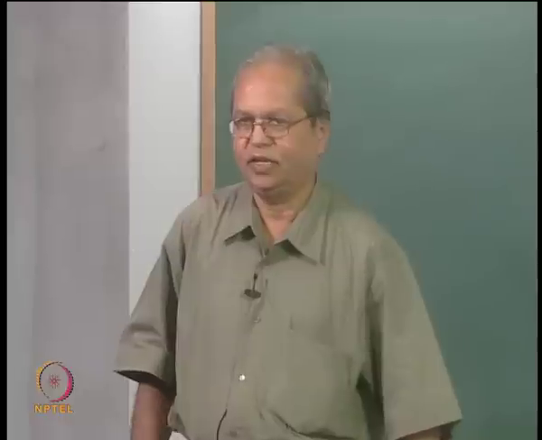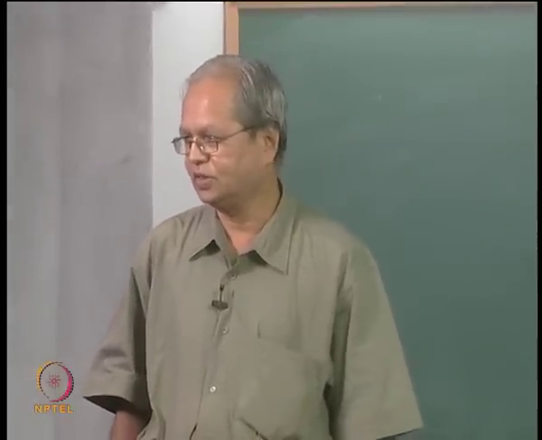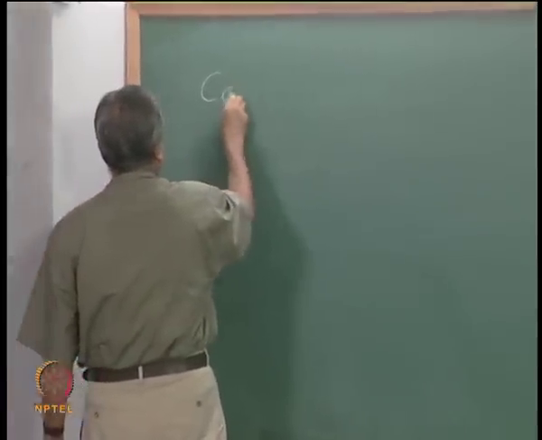We discussed Lagrange's mean value theorem yesterday and also saw some of the consequences, and towards the end I said that we shall be discussing one more mean value theorem, namely Cauchy's mean value theorem. So let us see the statement of that. Cauchy's mean value theorem.